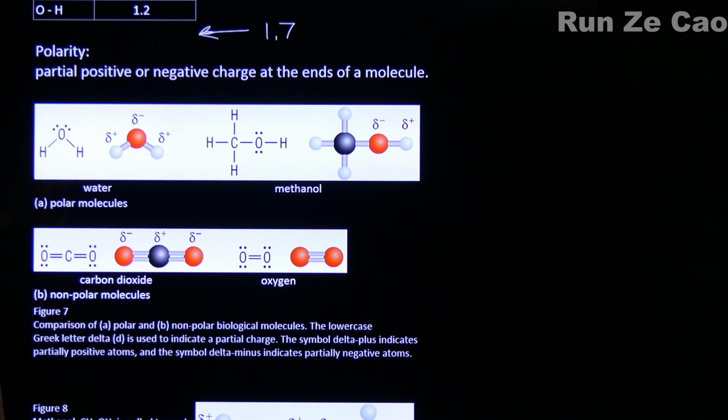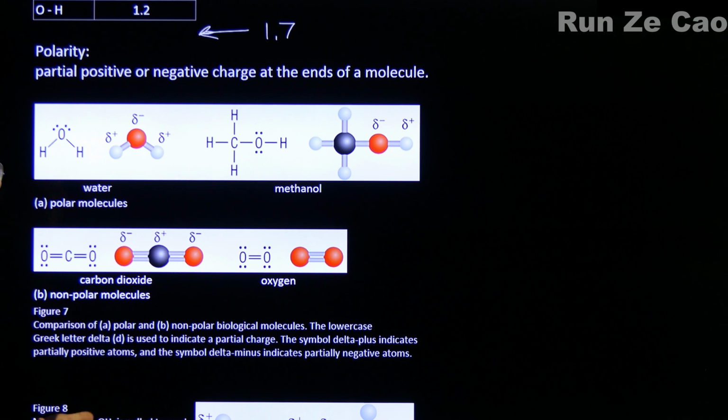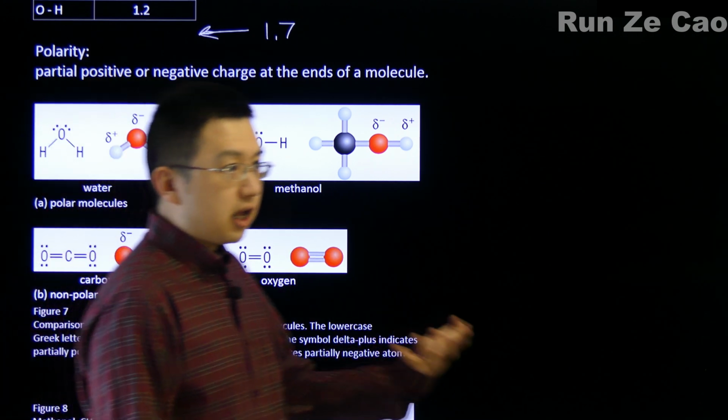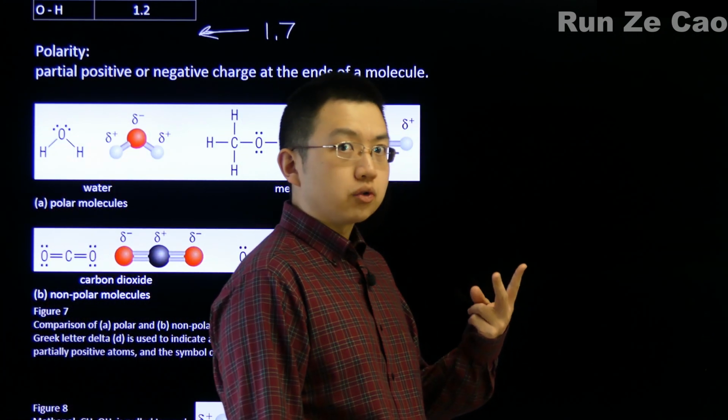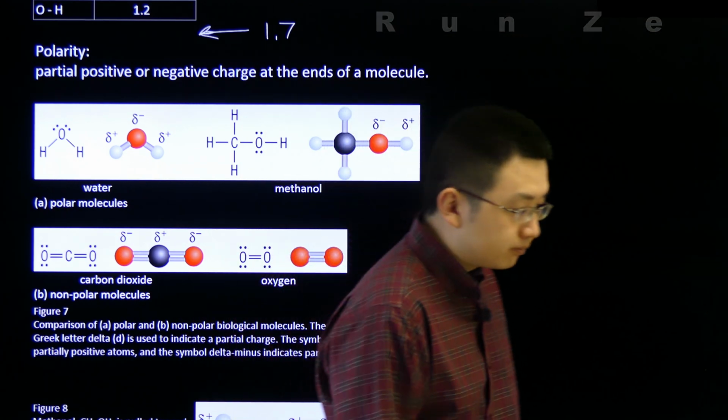It relies on dipoles. What are dipoles? Guys, if we have one end of the molecule being somewhat positive, and the other end being somewhat negative, we have two poles, a positive pole and a negative pole, thus dipole.